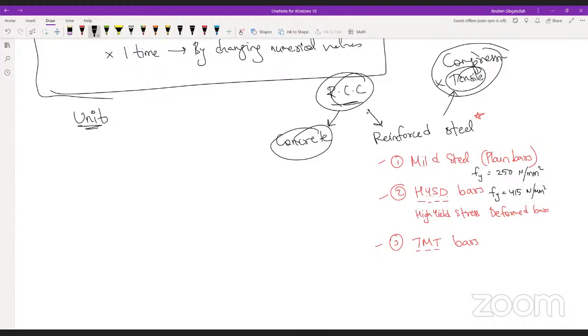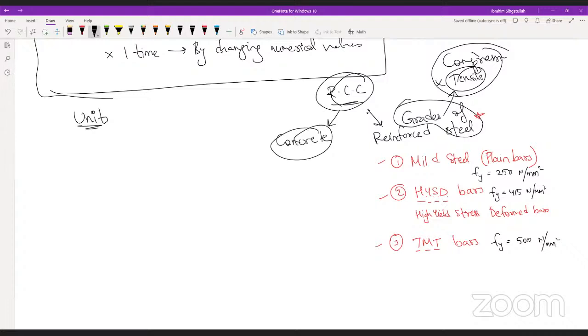And for TMT bars, which are thermo-mechanically treated bars, Fy will be 500 Newton per mm square. So these three are called grades of steel: mild steel, high yield stress deformed bars, and thermomechanically treated bars.